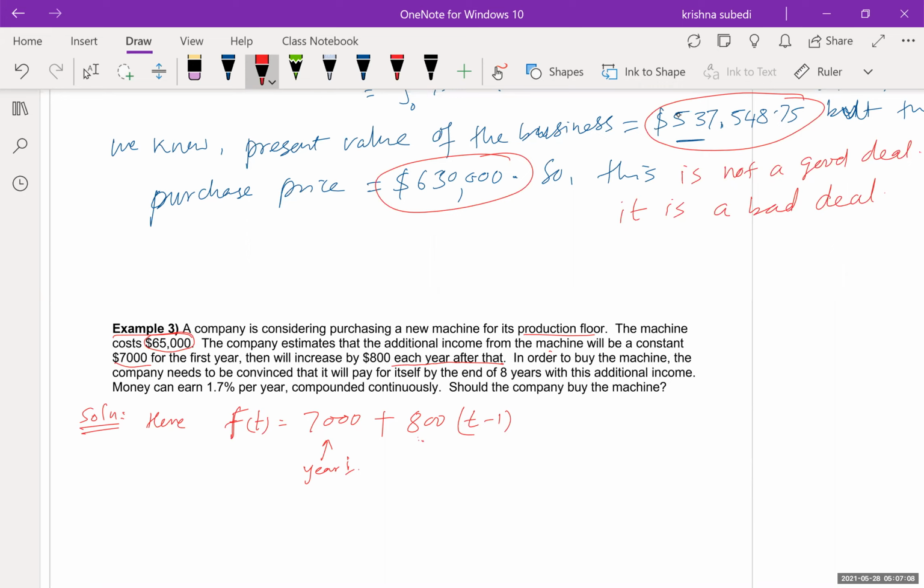Does that make sense? Remaining years. So the income function is given by this.